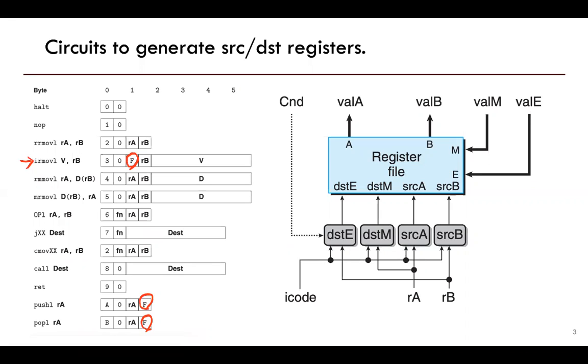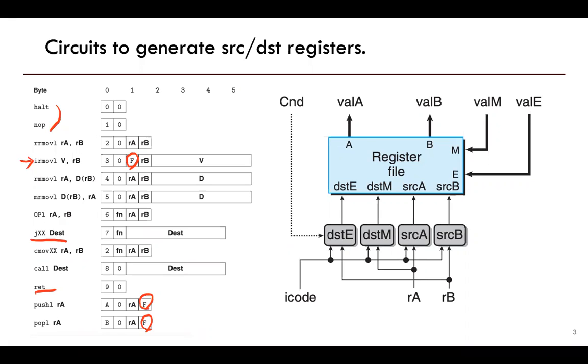Some other instructions like jump, return, halt and nop also don't have to read register values, but they do not have F values.